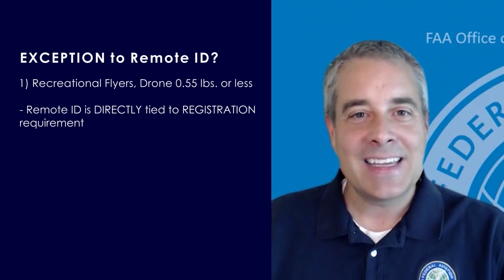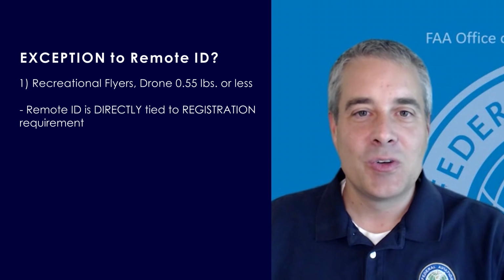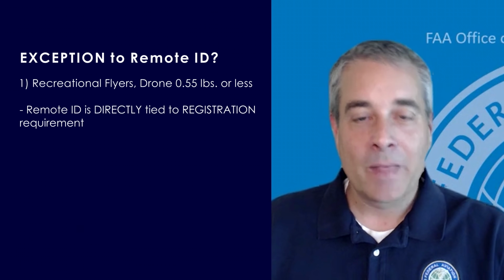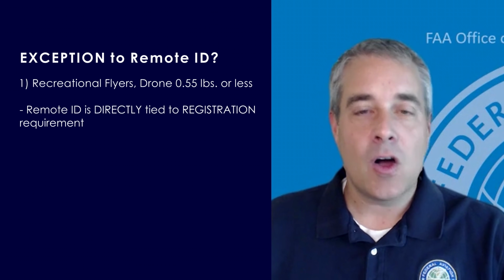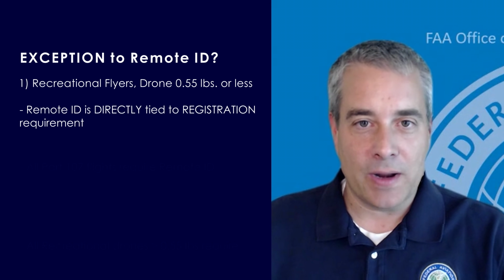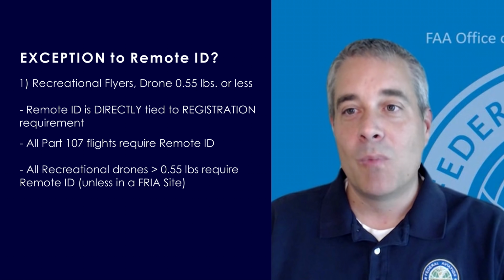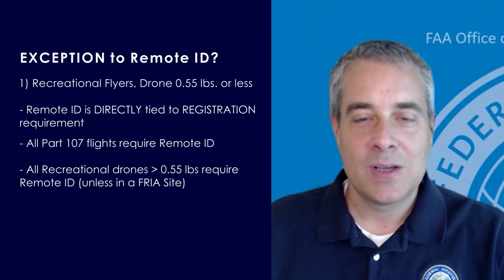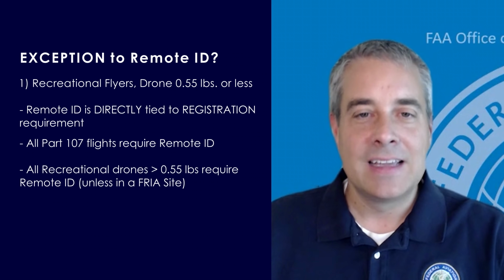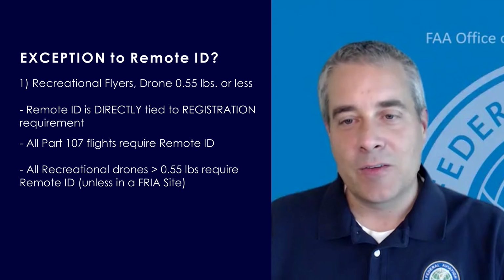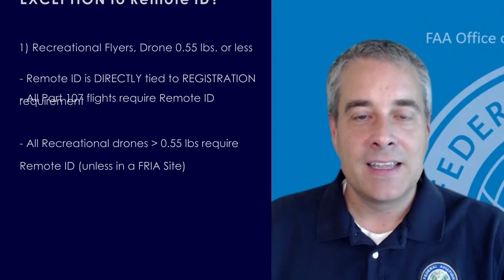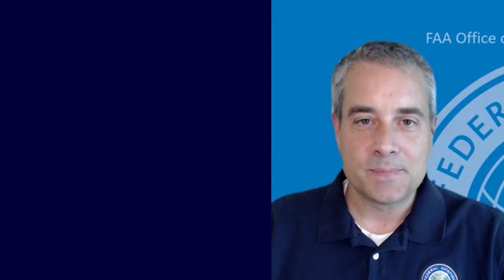So remote ID is directly tied to the registration requirement, which means under Part 107, all drones will need to comply with remote ID. And under Section 44809, all drones weighing more than 0.55 pounds will need to comply with remote ID. The reason that weight limit is in there for just the recreational flying side is because it's tied to registration.